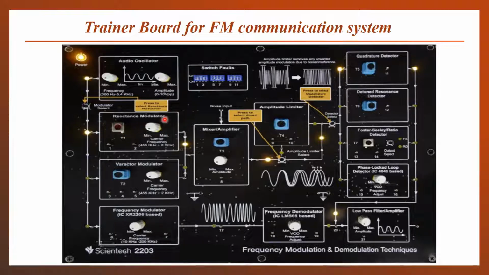The LED glow here is in front of the reactance modulator, so this shows that you have chosen the reactance modulator for your FM modulation scheme. If the LED glows in front of the varactor modulator, you have chosen the varactor modulator for the FM modulation.